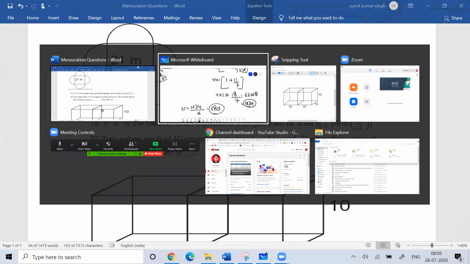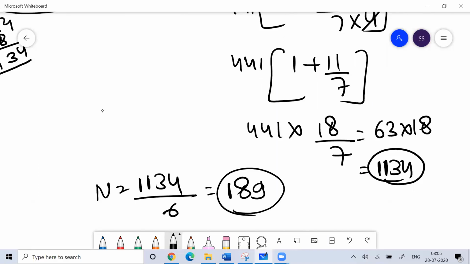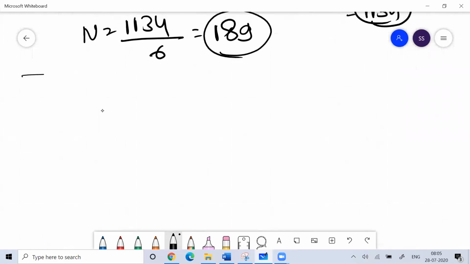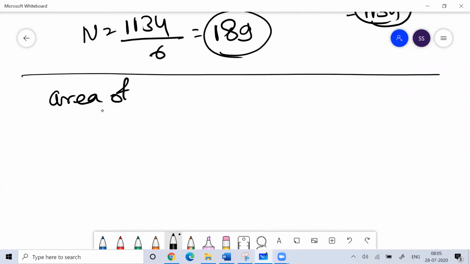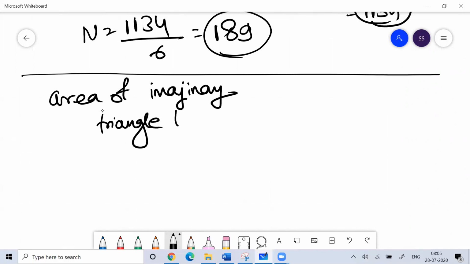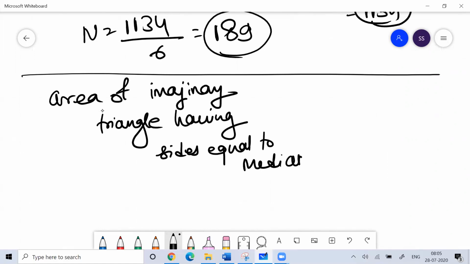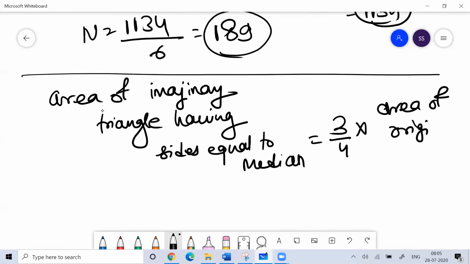If by using medians I form an imaginary triangle, having its sides equal to the medians, then the area of that imaginary triangle would be 3/4 of the area of the original triangle.